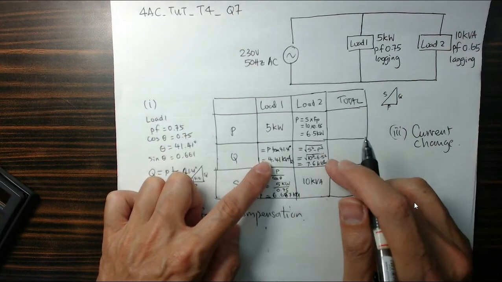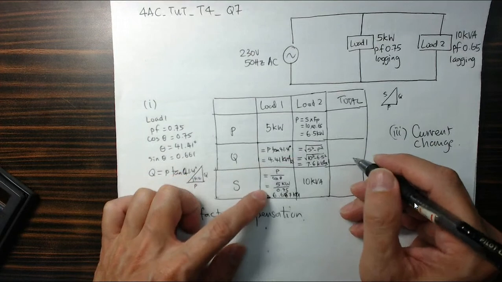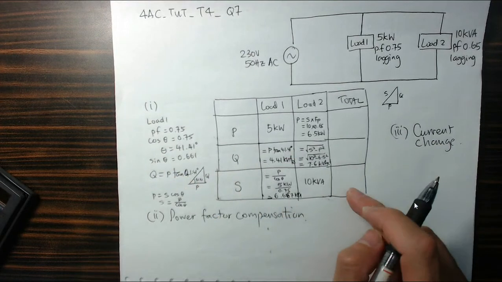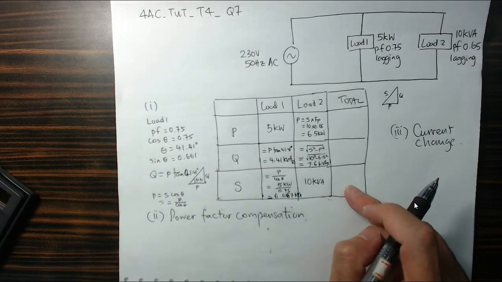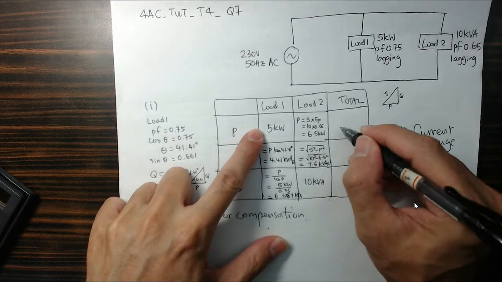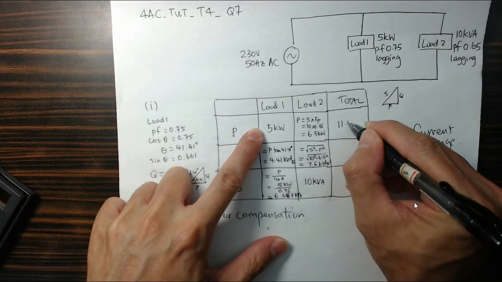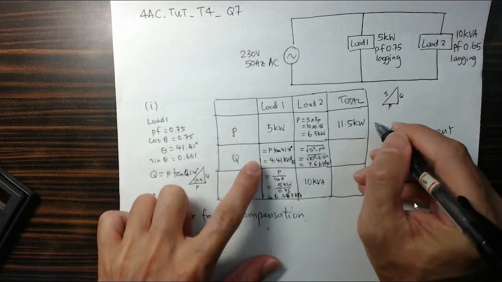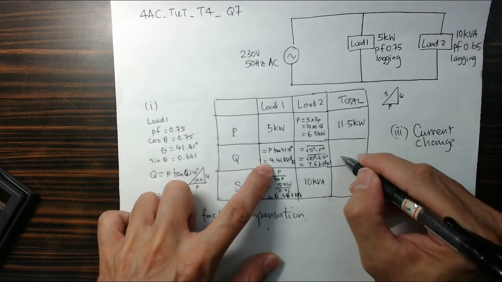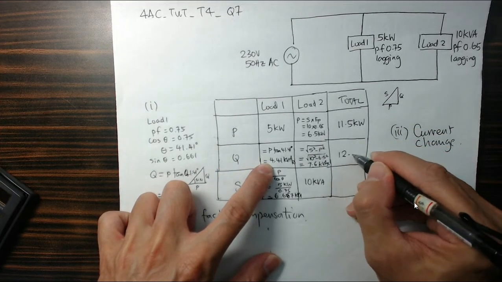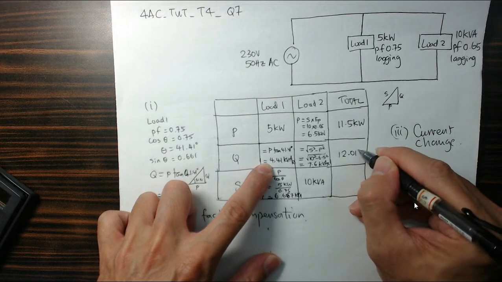So both are positive j, so I can sum them up and then determine the overall apparent power. So here is 5, here is 6.5, so it's 11.5 kilowatt. Here is 12.01 kVAR.